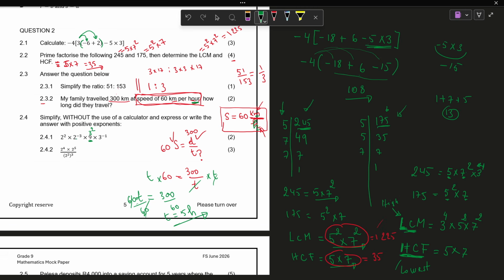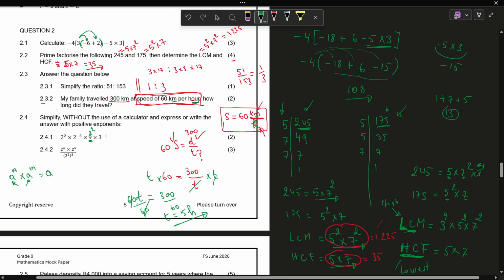2 here as a base is a prime number. Only 9 wasn't prime, so now it's perfect. Now after doing that, we just use the exponent law. The exponent law says a to the n times a to the m: when the bases are equal and there's multiplication, we just replicate the same base and add the exponents.